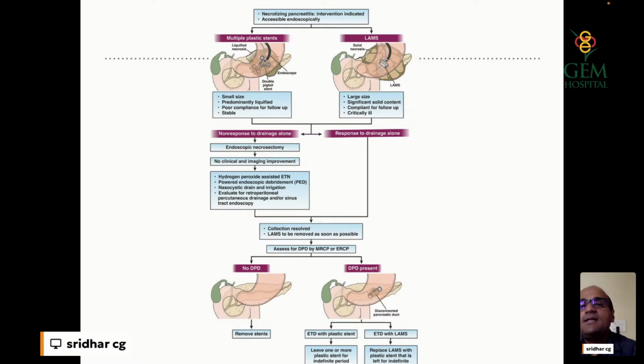But in a resource-limited setting, we often use simple devices like blunt dissection with closed polypectomy snares, and then removal of the debris with the snare, and even sometimes baskets can be used to remove the debris serially through the transgastric drain.